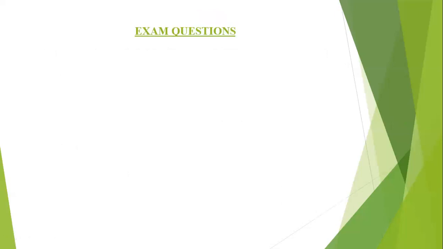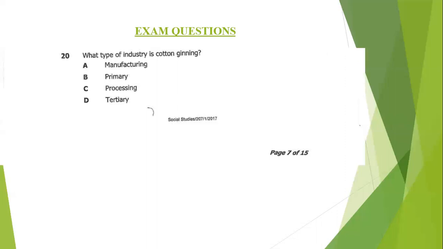Let's get to some more questions. What type of industry is cotton ginning? Now, cotton ginning, I earlier gave this example. So is it manufacturing? No. Is it primary? No. Is it processing? Yes.